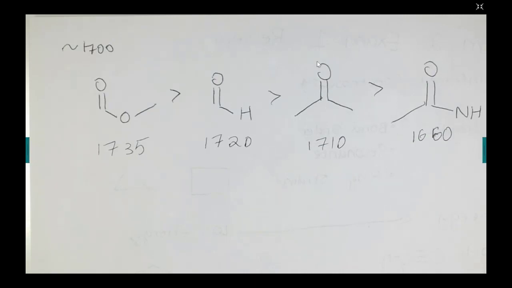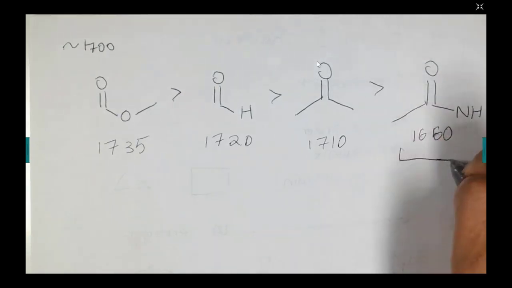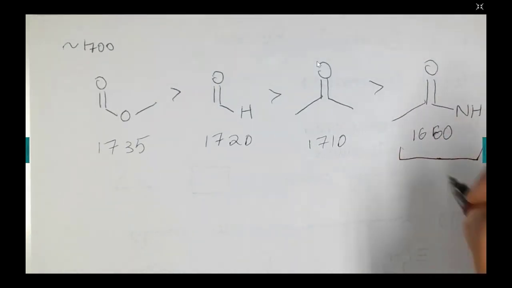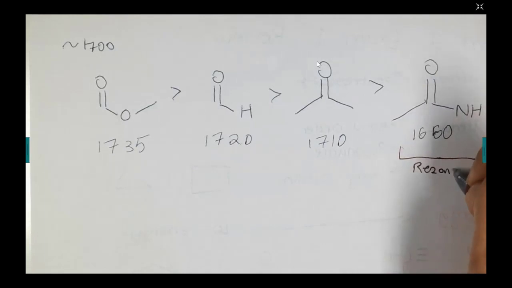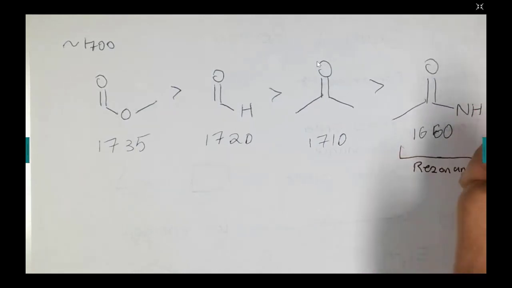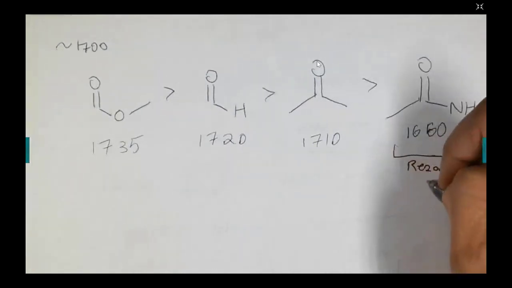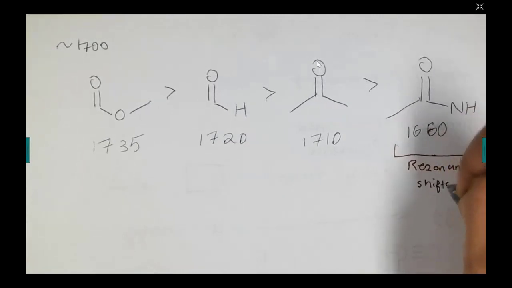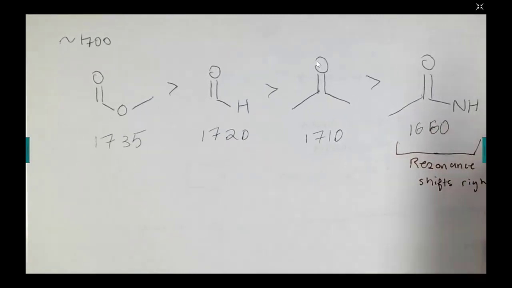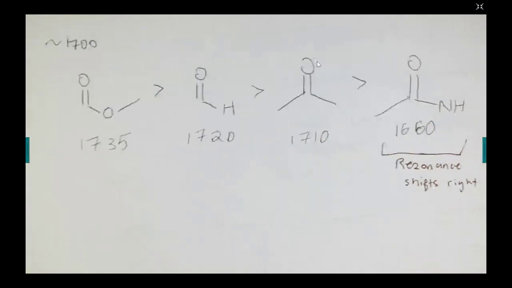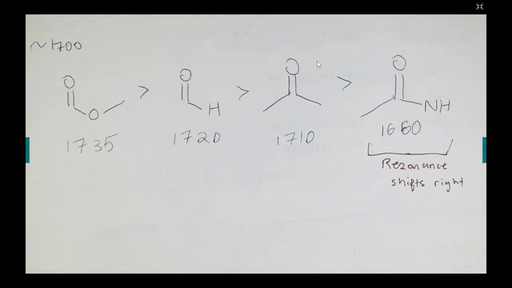Something else to note is that the reason your amide peak is so much lower is because of resonance. Resonance causes a shift to the right. So far so good? When we see the oxygen-carbon double bond, we also see the NH stretch on the other side to indicate that's what it is.